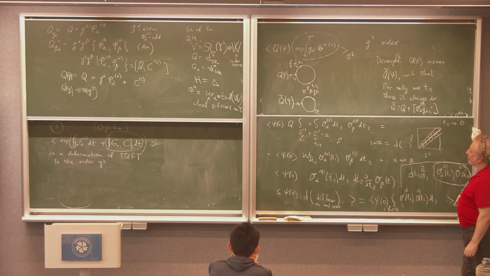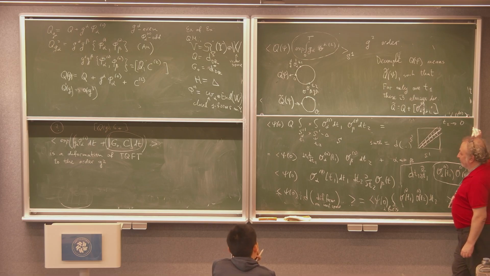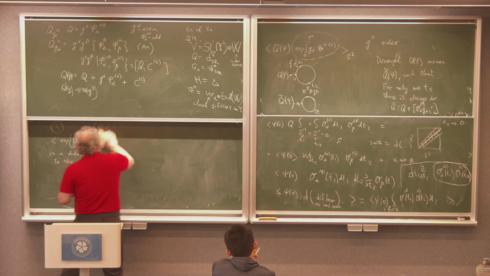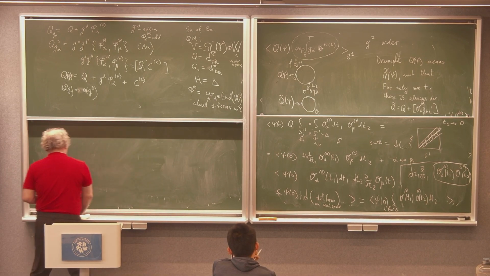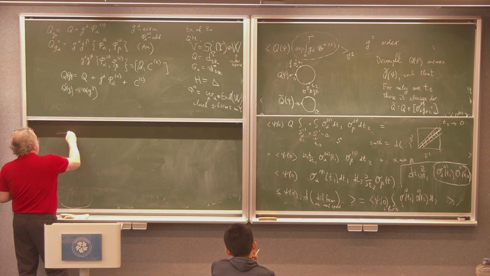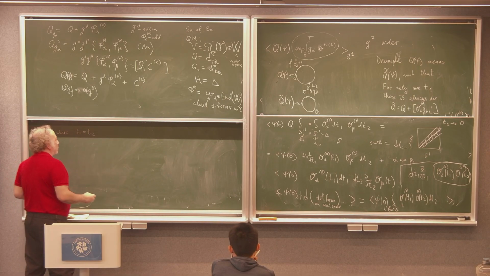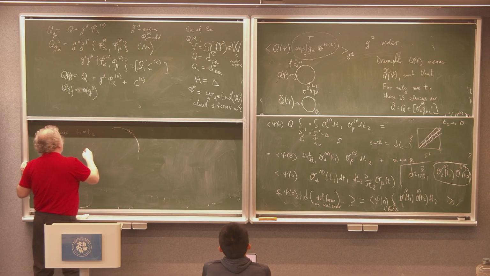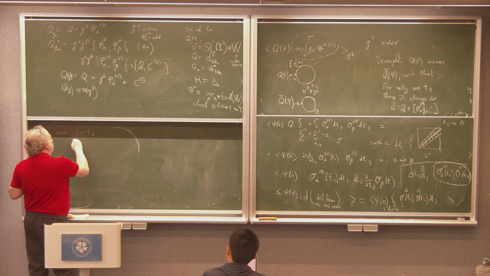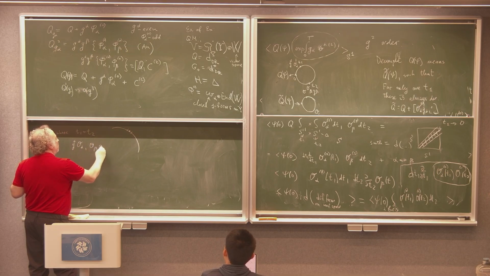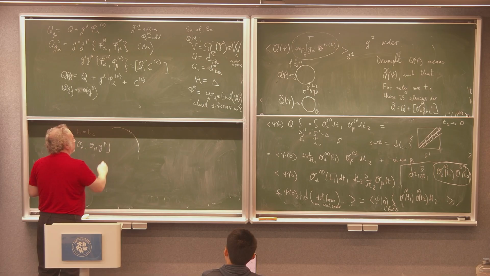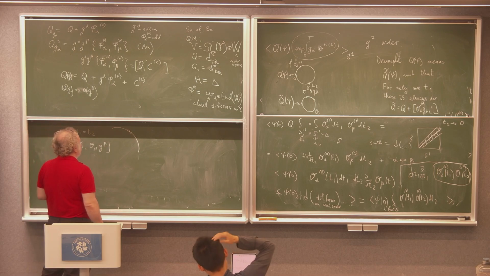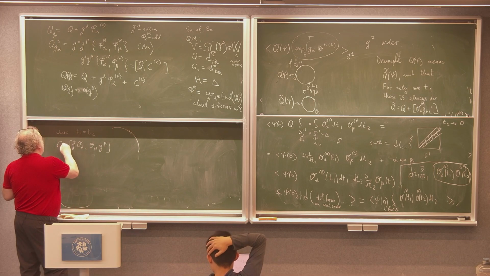And we have this boundary contribution. We have O alpha G alpha, O beta G beta. We have G plus.